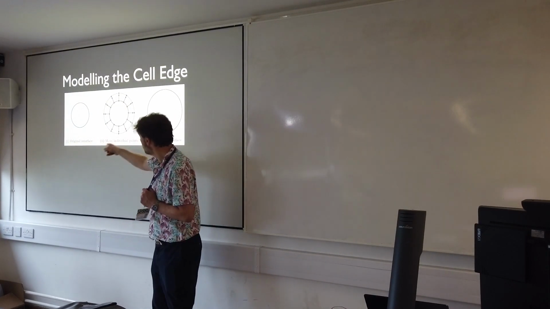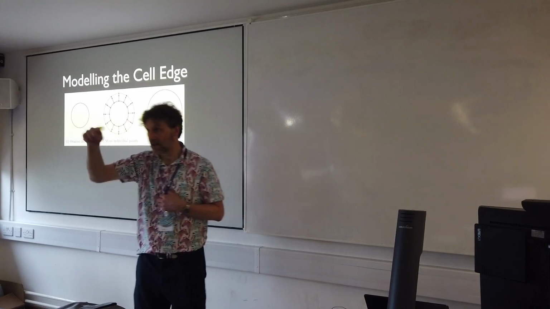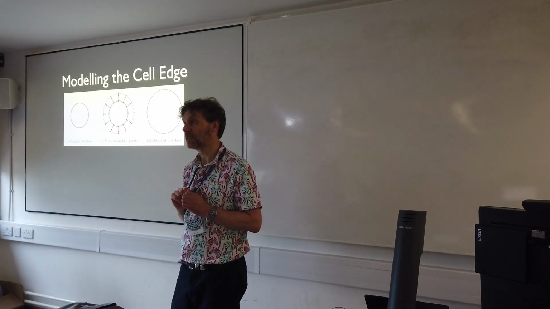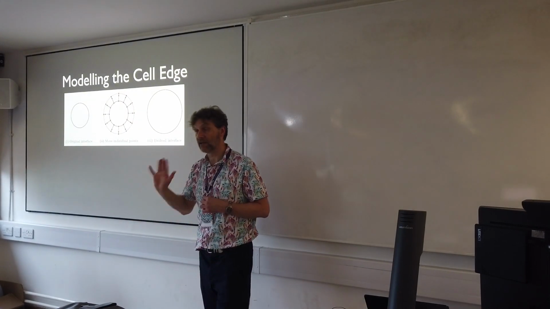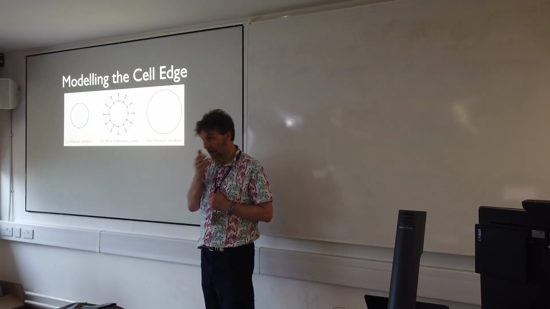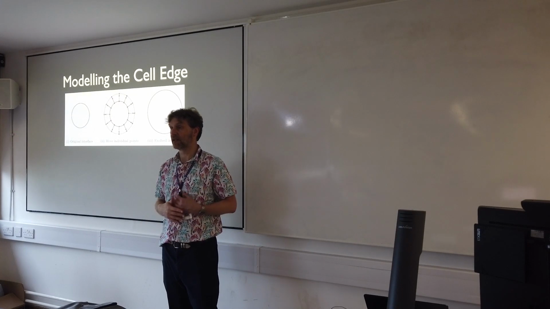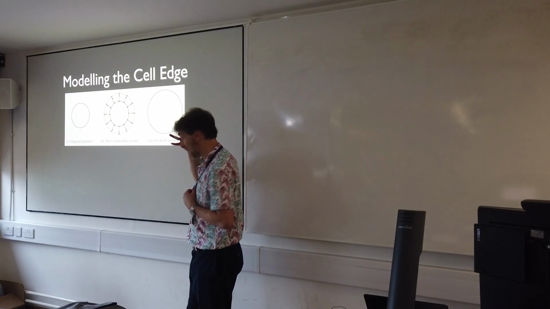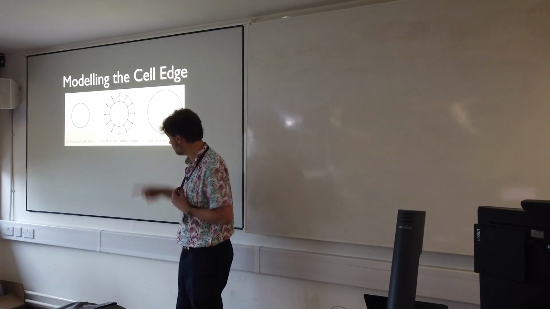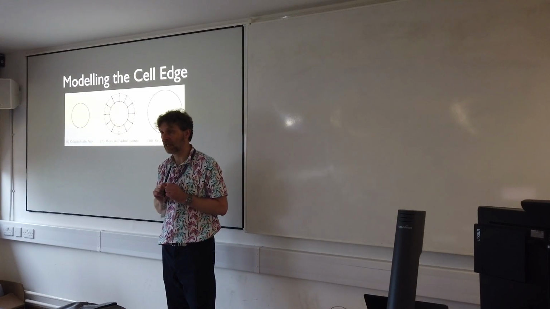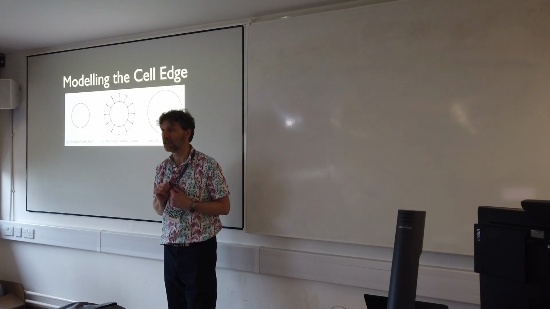So you can model the cell as a perimeter in 2D space, and actually you can model it rather effectively doing that. This is a bit of a surprise because cells are full of stuff and they have a nucleus in and so on and so forth. But whatever the explanation of why they're moving, just considering the edge turns out, as it happens, to be sufficient.